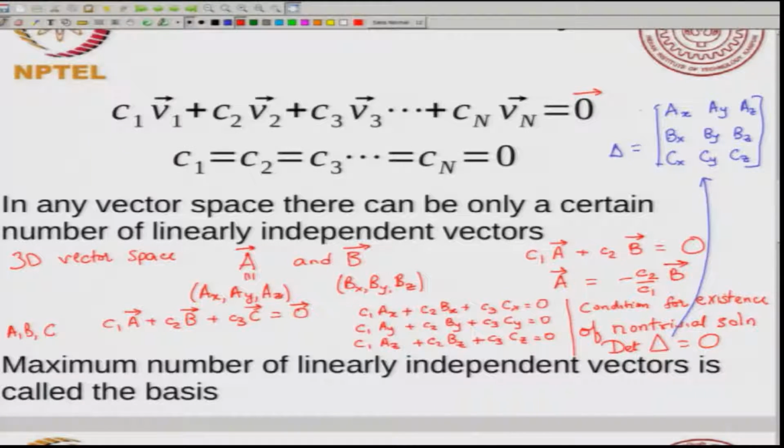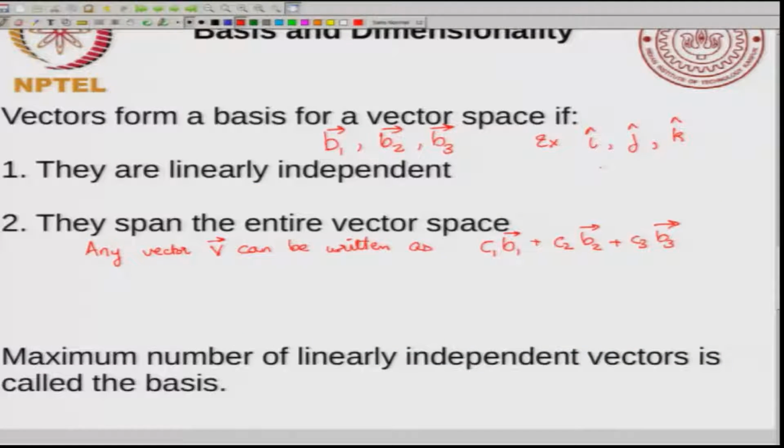You can clearly see that the determinant is equal to 1, so it is not equal to 0. So, delta for this ijk is 1 0 0, 0 1 0, 0 0 1, and the determinant of delta is not equal to 0.